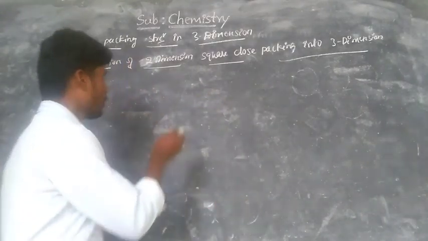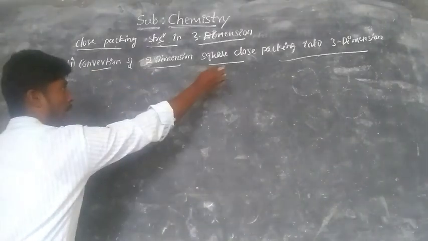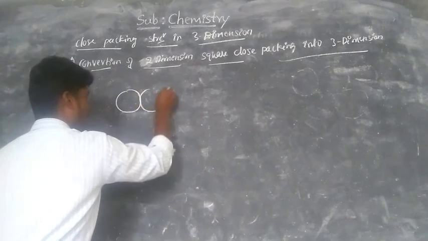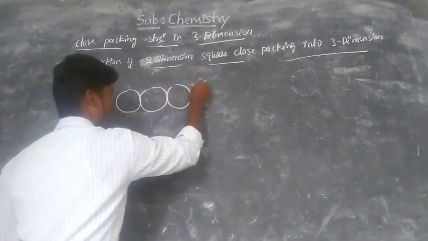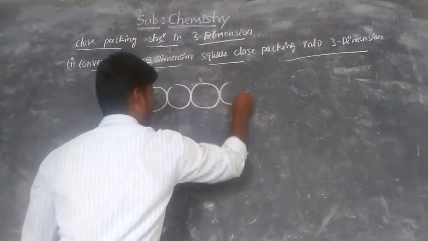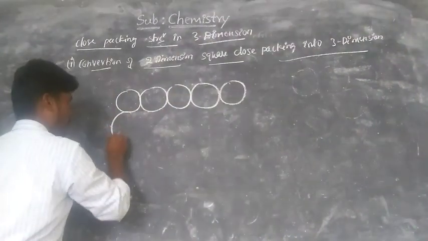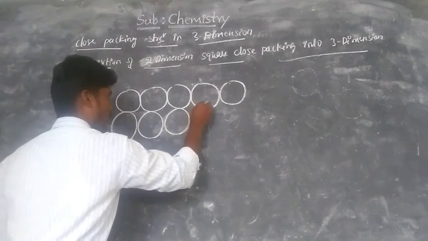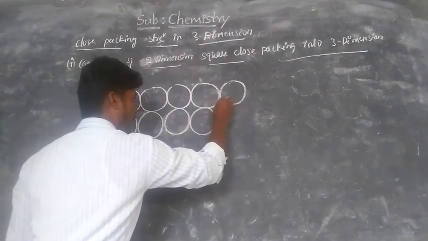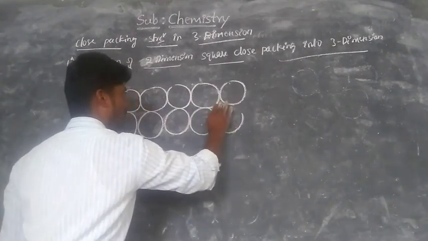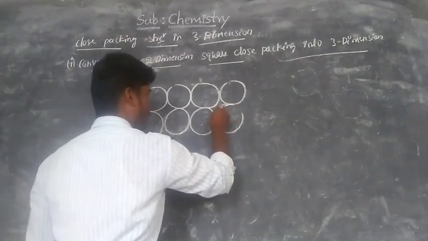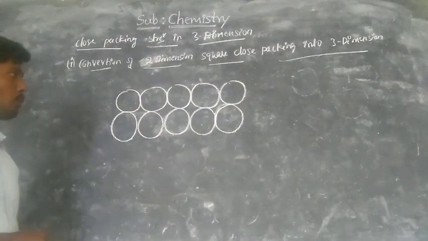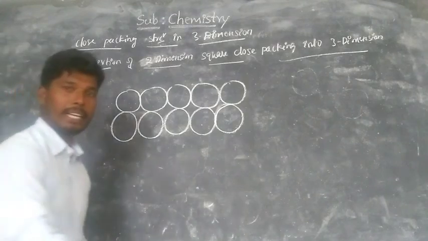Now observe, this is the square closed packing first layer. You already know square close packing in two dimensional.